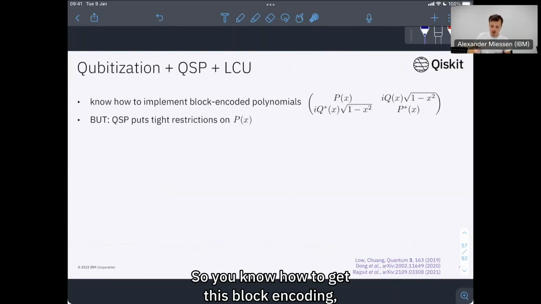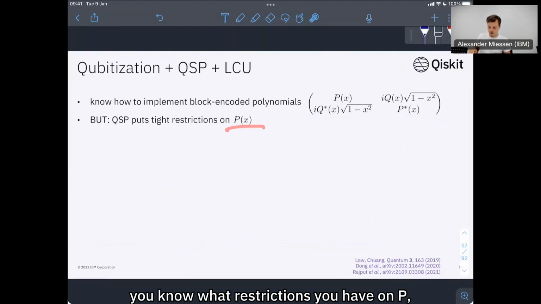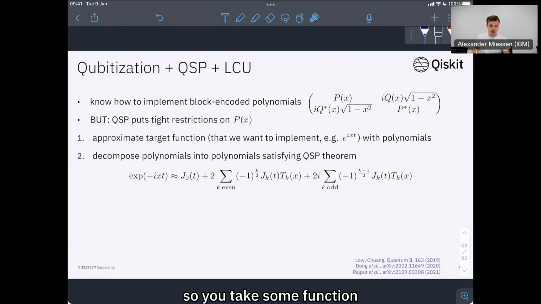So you know how to get this block encoding. You know what restrictions you have on P. So you take some function that you want to implement approximately, say our Hamiltonian time evolution, and you expand it into polynomials that satisfy these QSP requirements, okay?